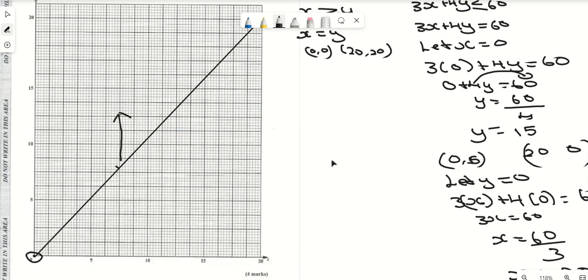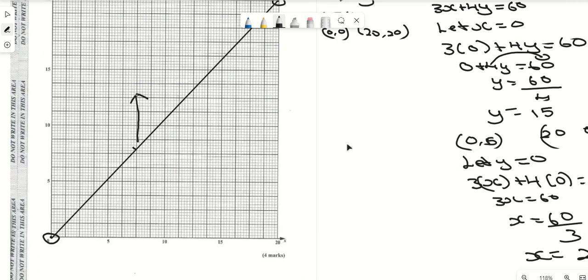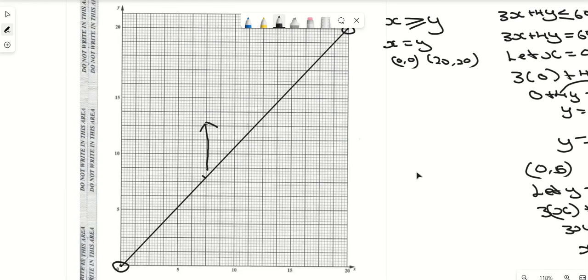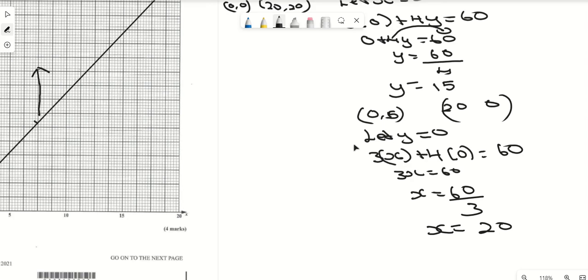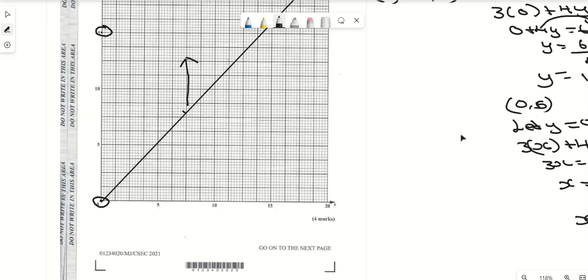So let's look at it. 0, 15: x is 0 on your y-axis, and 15 is here. And then the next one is 20, 0. X is 20, y is 0. That is on your x-axis, so it will be right here. So then you're going to draw a line.